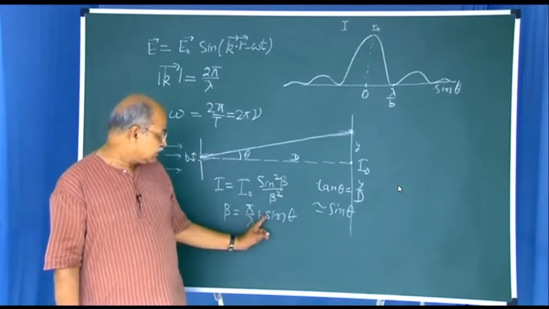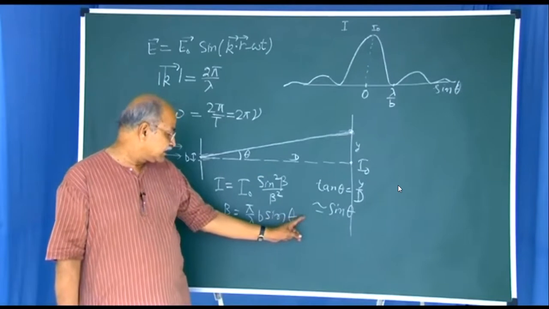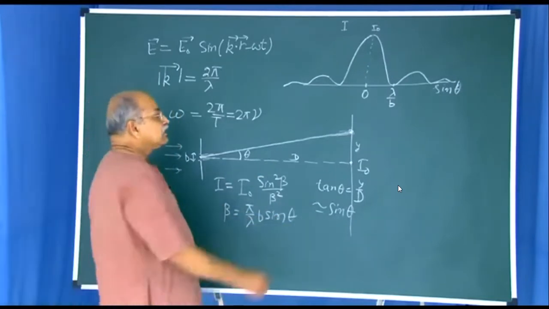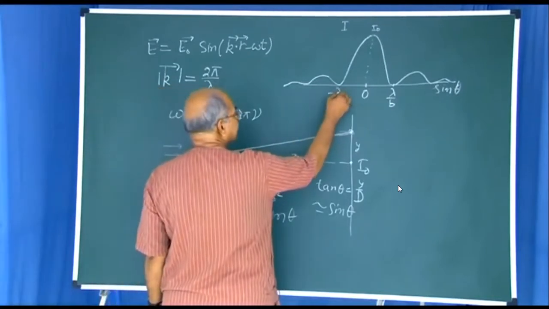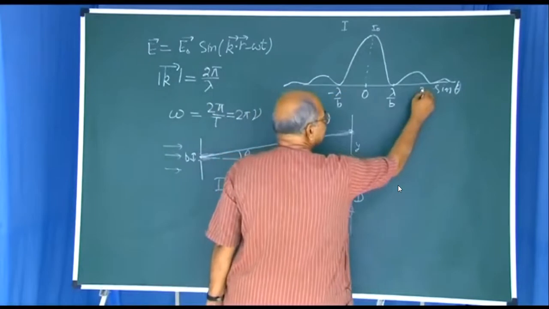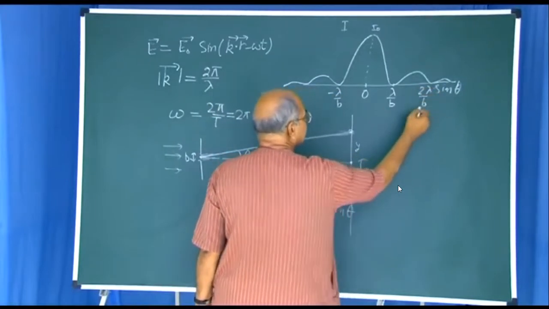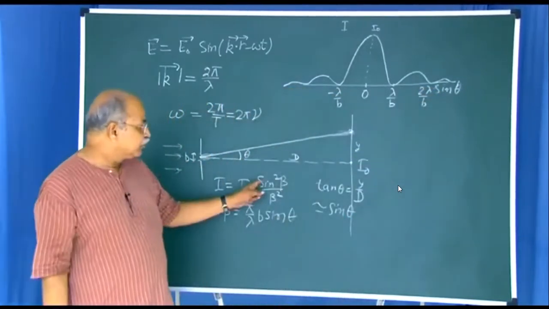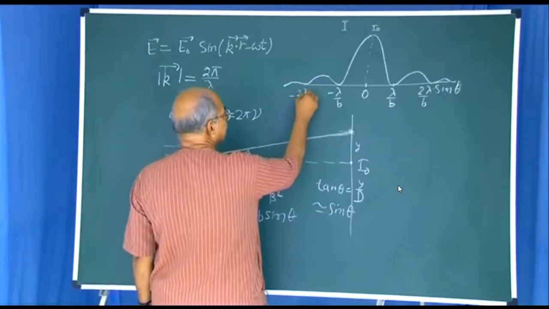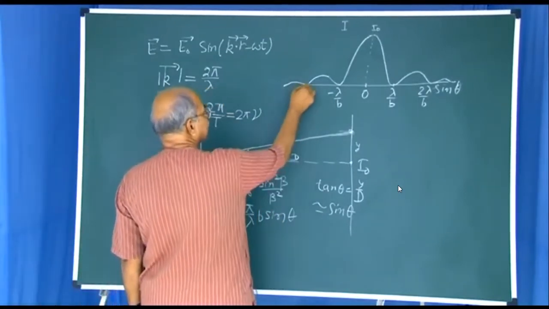So sine theta is equal to lambda by b. On this side it is minus lambda by b. Then this is 2 lambda by b, when beta is 2 pi and sine of 2 pi is 0, and so on, minus 2 lambda by b, and so on.